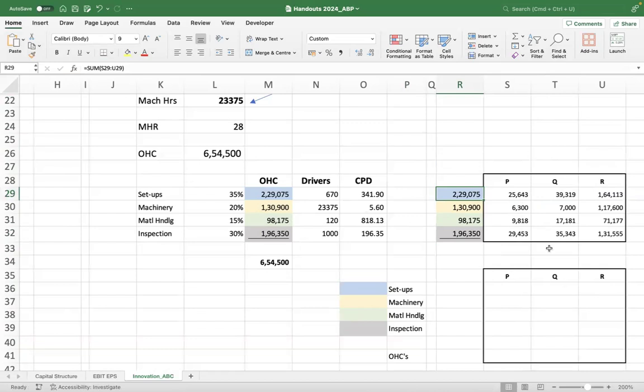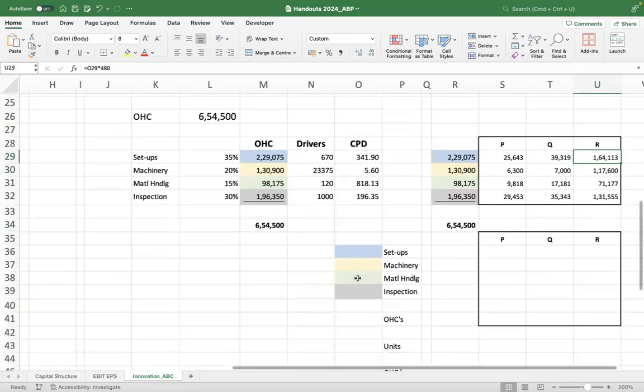Right? So now if you add this up, 6,54,500 आया. So what we have done, we have broken up these overhead costs based on cost per driver and multiplied it by respective consumptions of P, Q and R. और हमने overhead cost को effectively apportion कर दिया between P, Q and R.